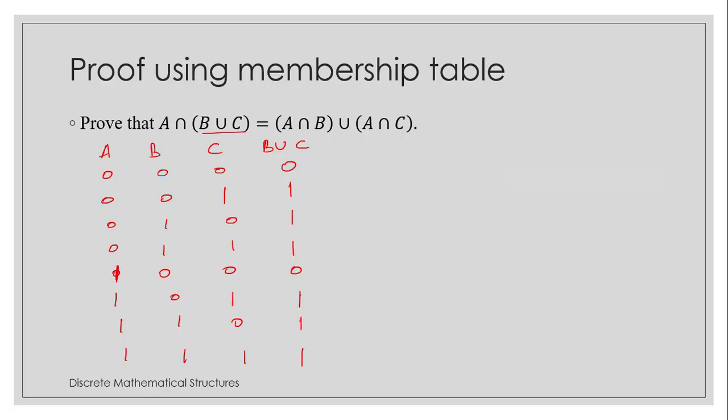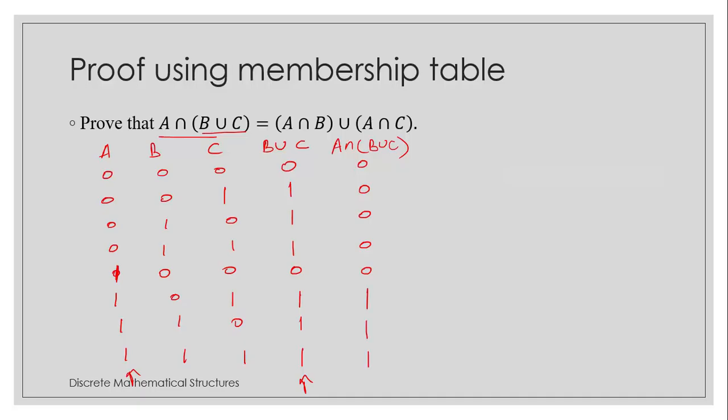Now we want intersection of B union C with A. So A intersection B union C. We have to see these two columns. Now in intersection, even if there is a single 0, the answer is 0. So here we have a 0. This will be 0, 0, 0, 0, 0, then 1, 1, 1.